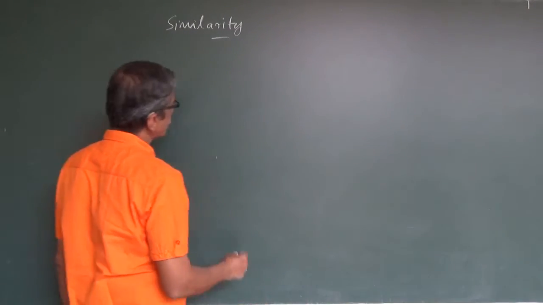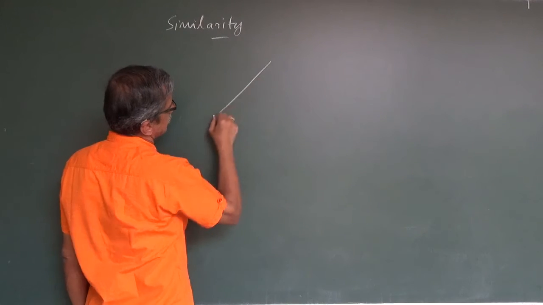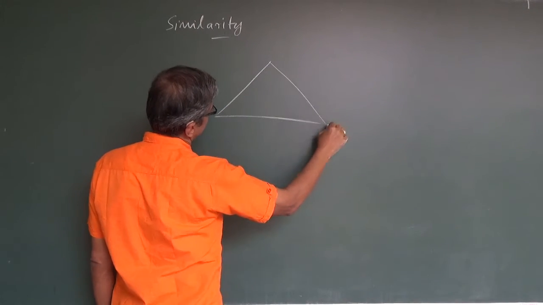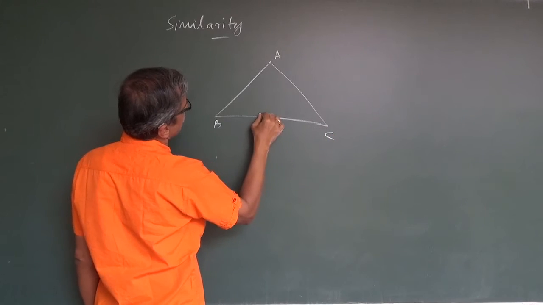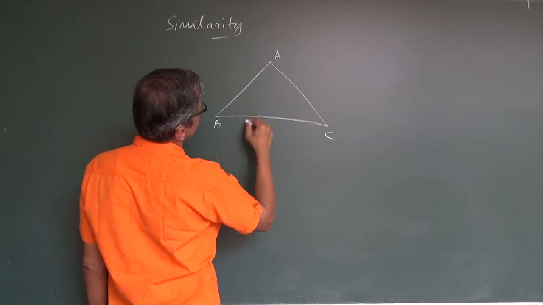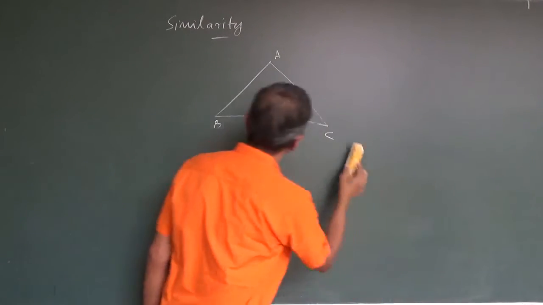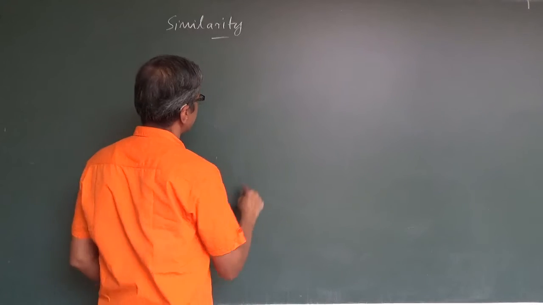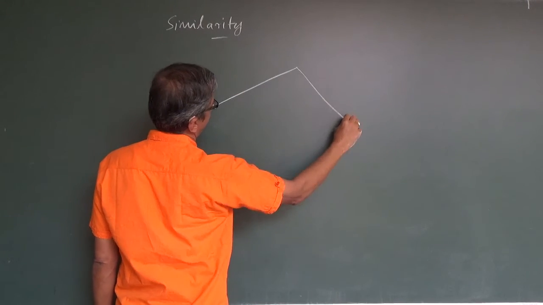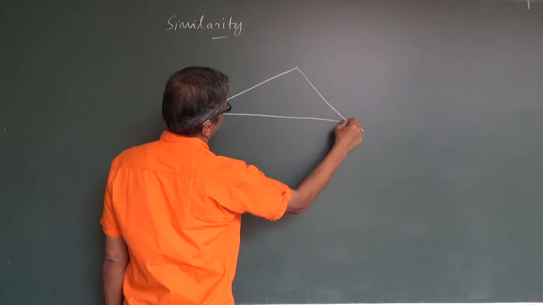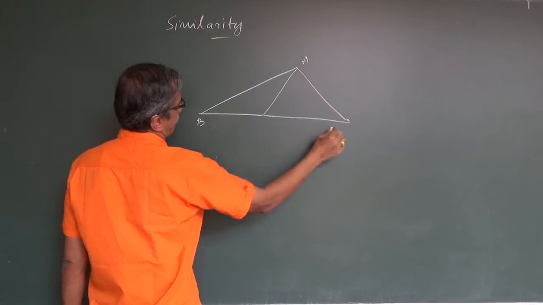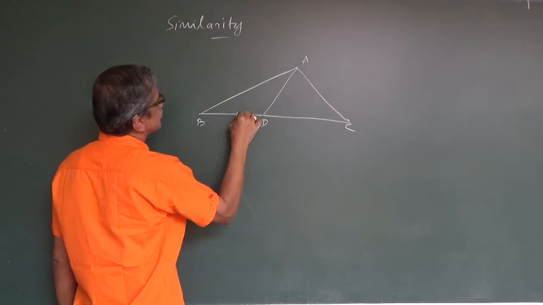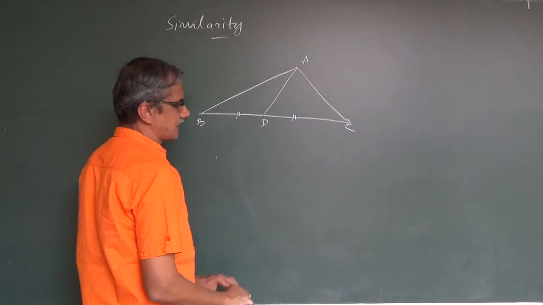This is one thing. Also another thing you have to understand. Let us say now this is a triangle, and this is the midpoint. I will draw it slightly in a different way. Now this D is the midpoint of this.